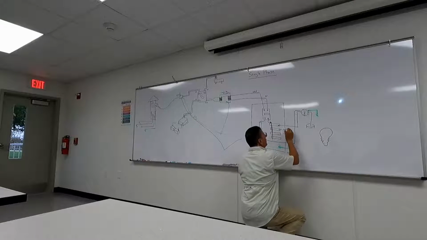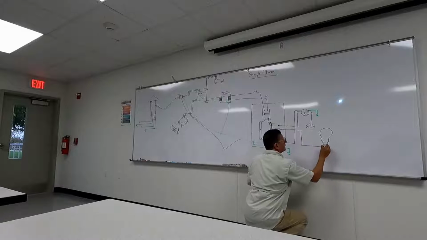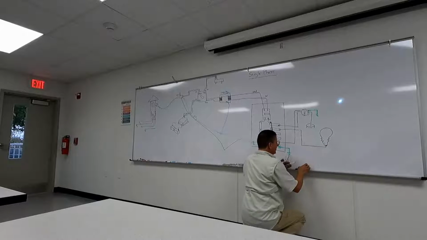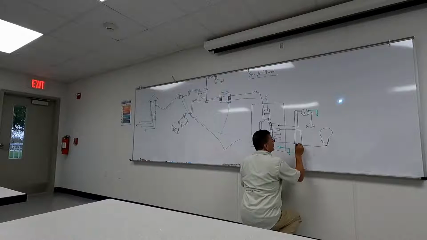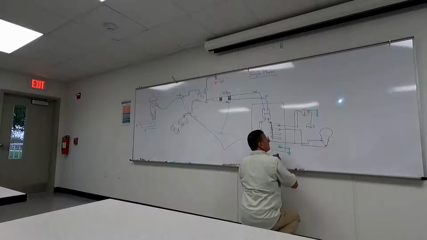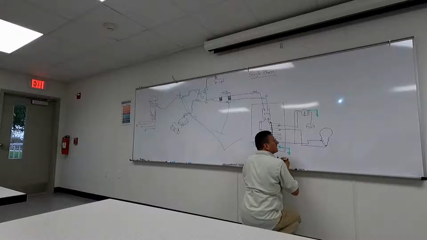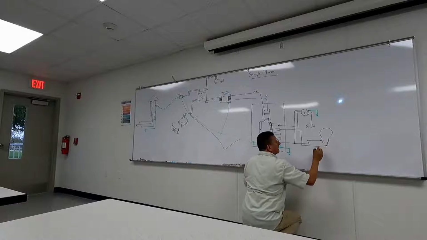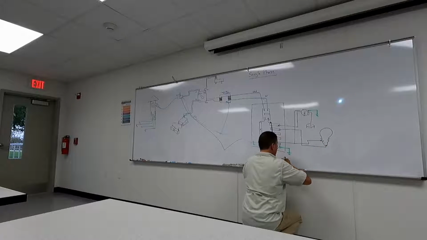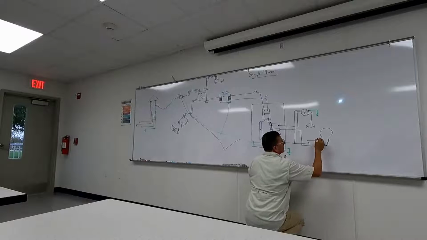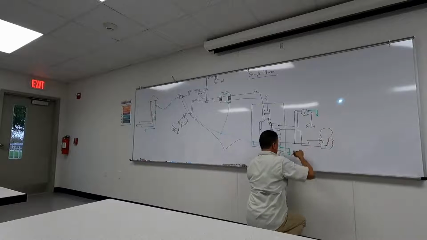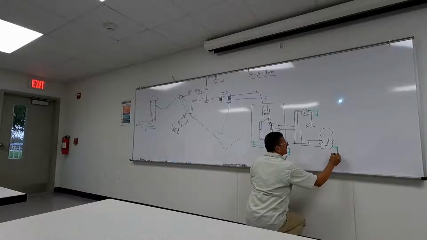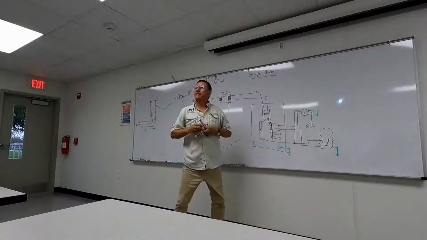The connection is from here into the hot line, positive, hot line. And this one for neutral, for the light. And the case of the light, the holder where the light is connected, goes to the ground. Ready?